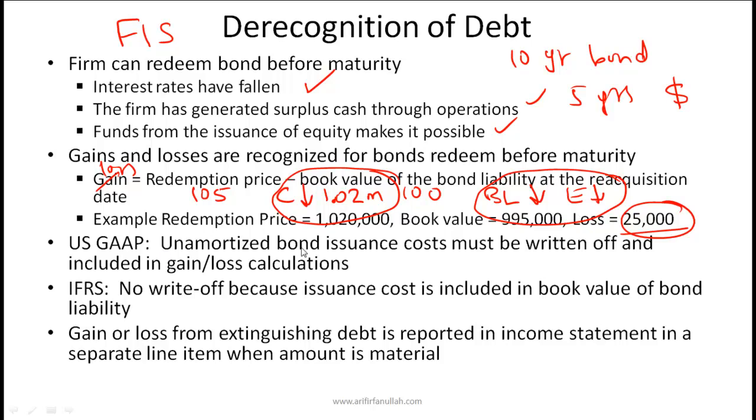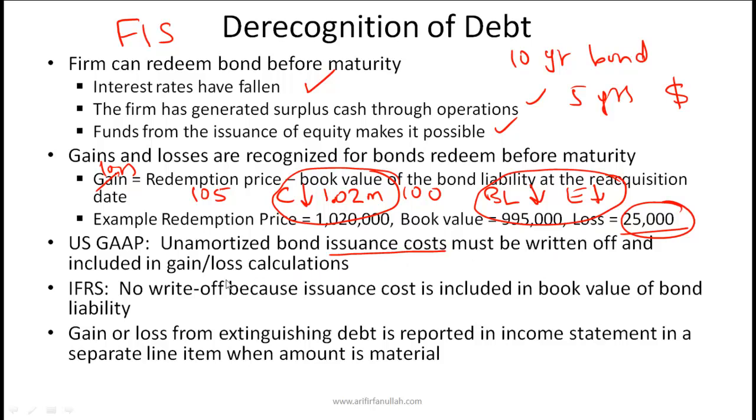Under US GAAP, unamortized bond issuance costs must be written off and included in gain-loss calculations. So if you recall from the earlier slide, any issuance costs were capitalized. So essentially we created an asset and amortized that asset. Any unamortized part of that asset must be written off and included in the gain-loss calculation.